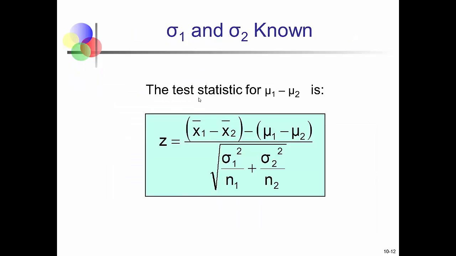So our test statistic, or our z-score, if we know the true population standard deviations, is the point estimate, so x bar 1 minus x bar 2, minus the hypothesized mean difference. So the mean difference that we assume in our null hypothesis between mu1 and mu2, divided by our standard error when we know the true population standard deviations. So sigma 1 squared over n1 plus sigma 2 squared over n2.